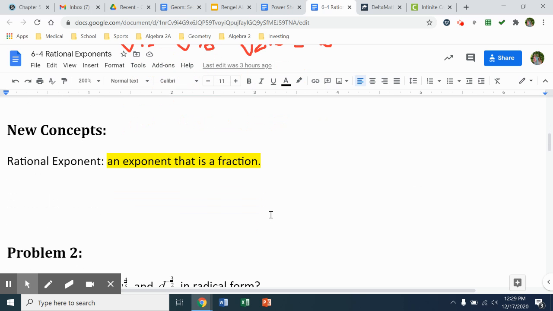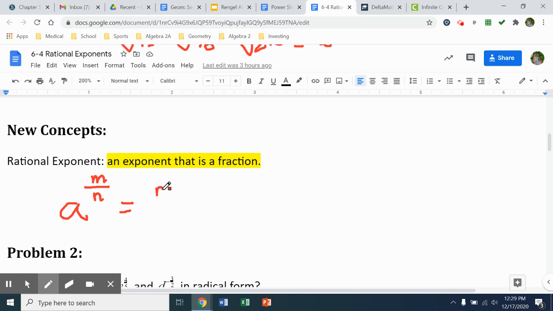So our new concept we've already kind of introduced is these rational exponents. It's any exponent that is a fraction. And our basic rule we followed from above is just kind of the start of how these rational exponents work. So if we have now a power where the fractional exponent has both a numerator greater than 1 and a denominator greater than 1, we can change it into a radical.